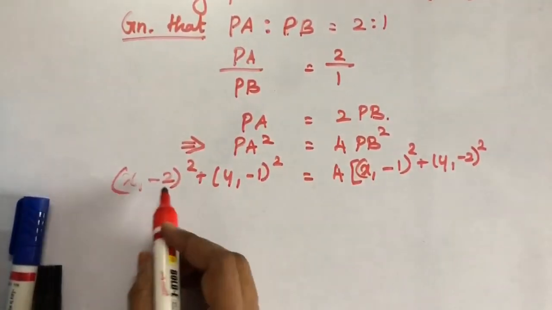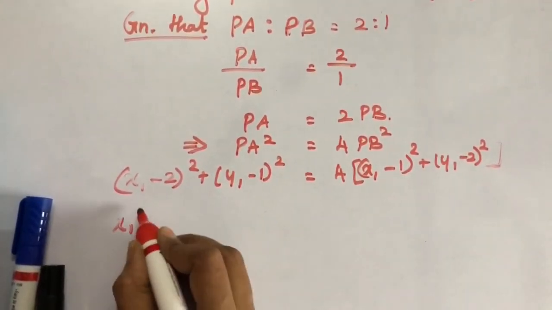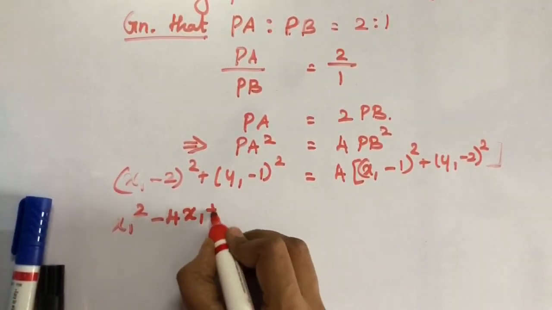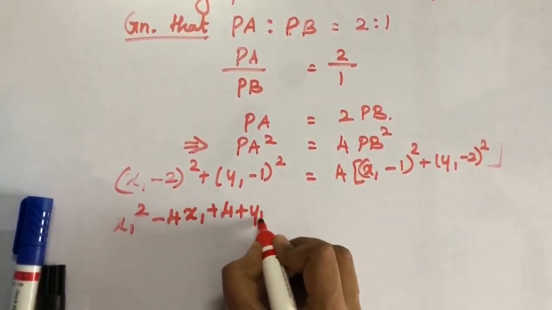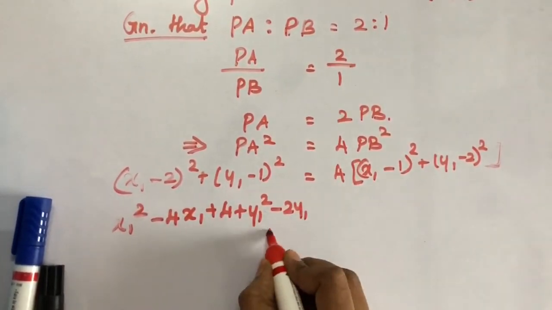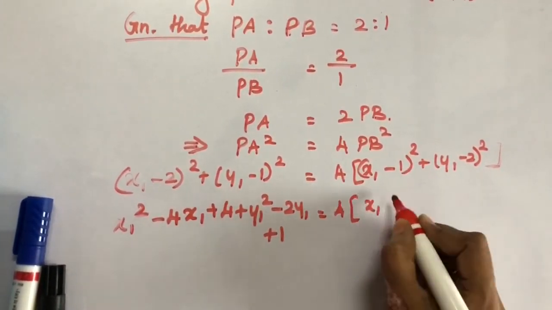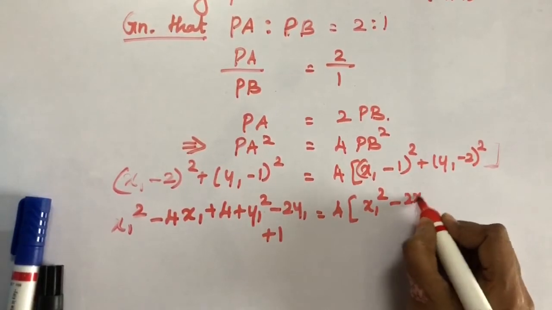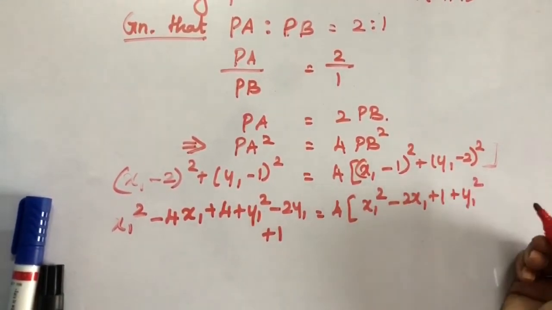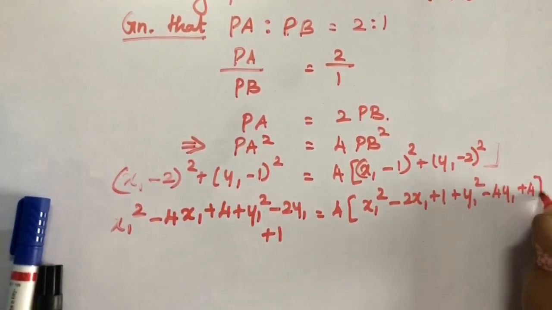Shall we expand this? x1 square minus 4x1 plus 4 plus y1 square minus 2y1 plus 1 is equal to 4 into (x1 square minus 2x1 plus 1 plus y1 square minus 4y1 plus 4).